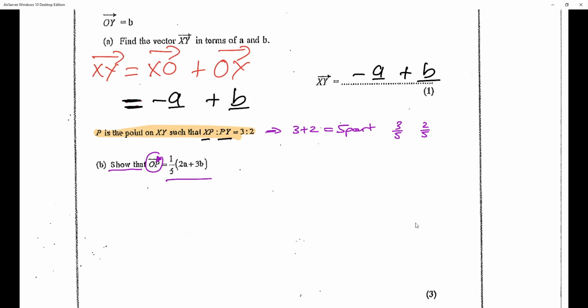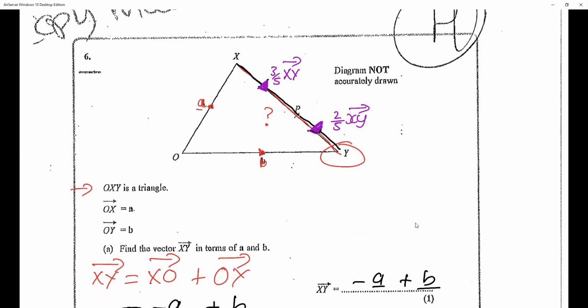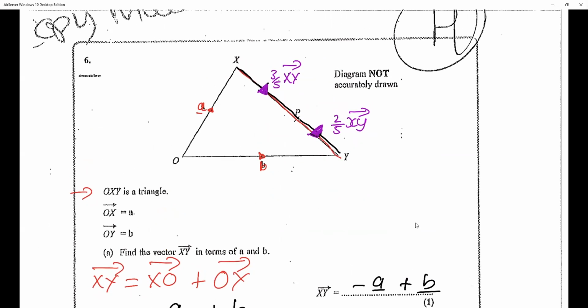So we can say this question is the same as saying, work out O to P. That's it. And then this will be your answer basically. This answer you should get. Okay, lovely. So let's go back to the diagram. Let's delete some of the old working out stuff. And we want to go from O to P.